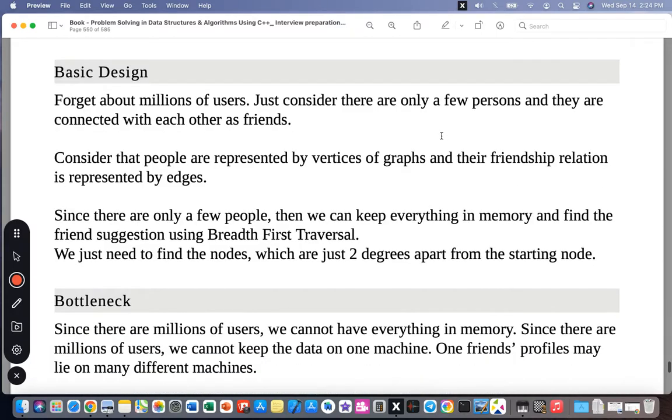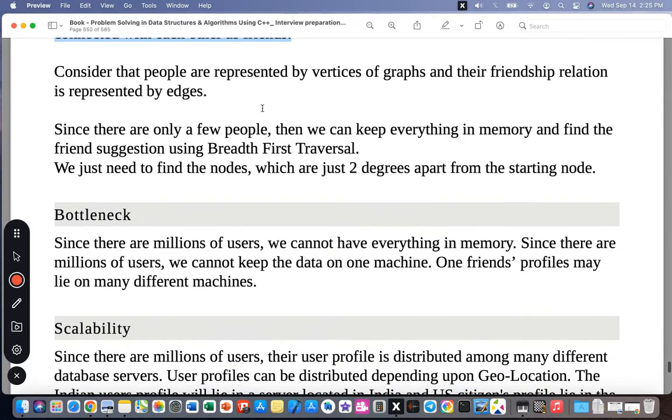The basic diagram: forget about millions of users, just consider there are only a few persons connected with each other as friends. Consider that people are represented by vertices of graphs and their friendship relationships are represented by the edges.